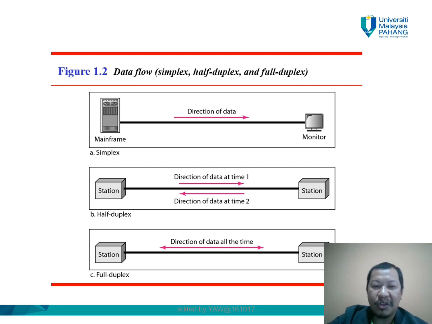You know, the walkie-talkie is the famous example for half duplex, where only one person can talk at a time. And the last one, full duplex, the common example is our telephone system, where everybody can talk. Okay, so those are the 3 types of data flow.